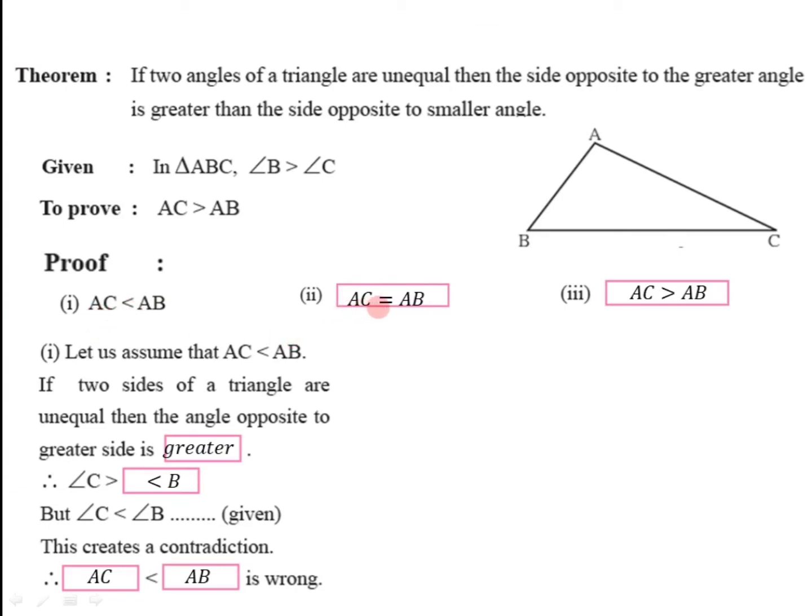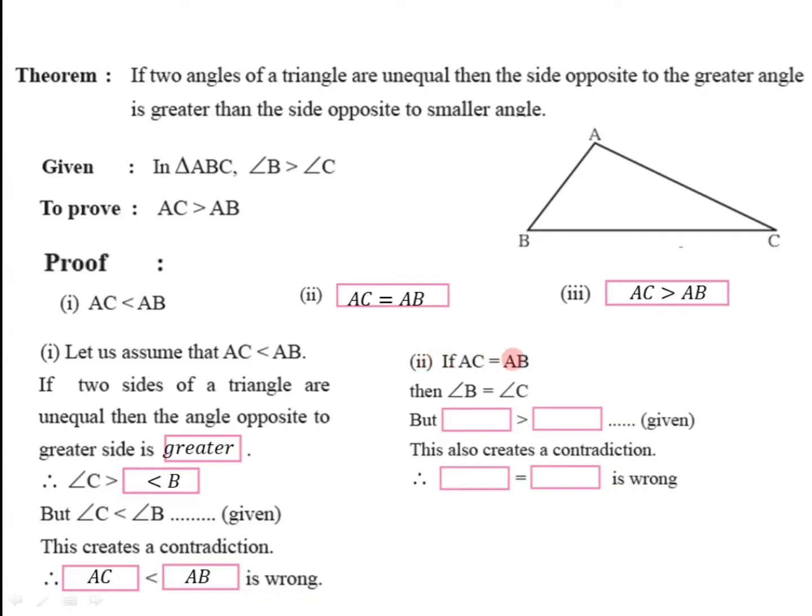Let us have the second possibility. Let us assume that AC is equal to AB. We know that if in a triangle any two sides are congruent, then the angles opposite to them are also congruent. The angles opposite to AC and AB are angle B and angle C respectively. So if these two sides are congruent, the angles opposite to them are also congruent.